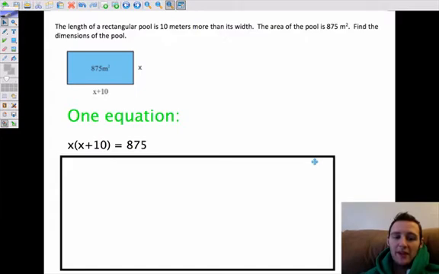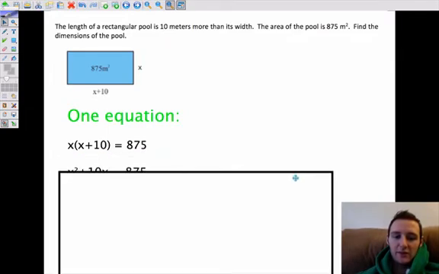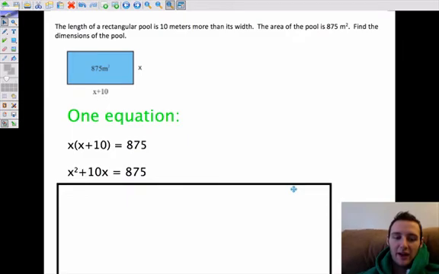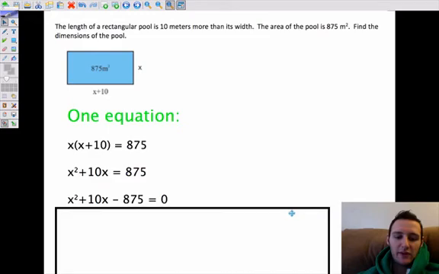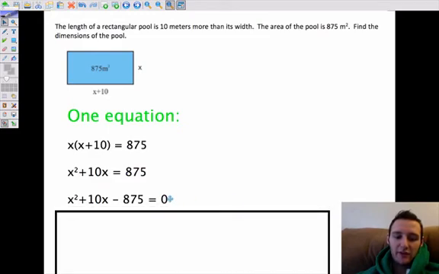Now remember, while it looks like it's in factored form, since this is not equal to 0, you can't just go ahead and say x equals 0 and x equals negative 10. So you actually have to first expand it, and then move the 875 over to the other side, so now you have it in general form.